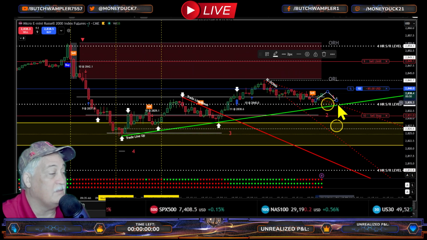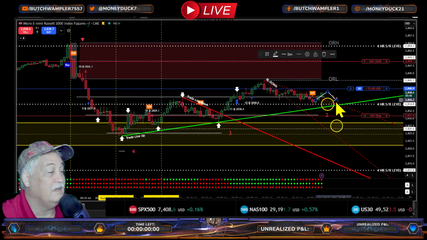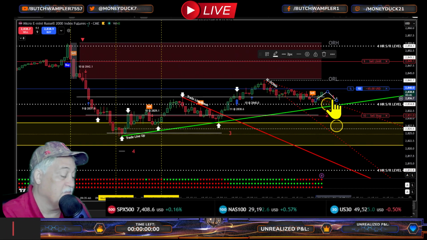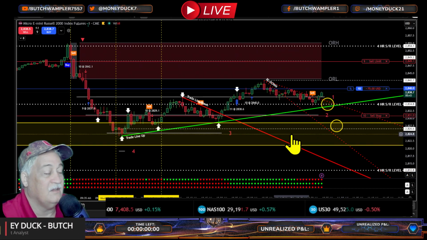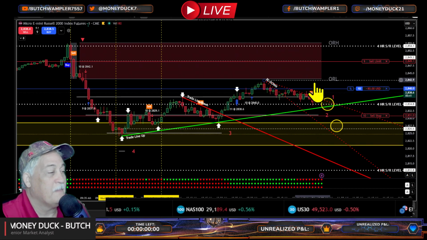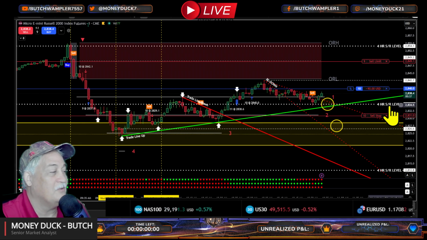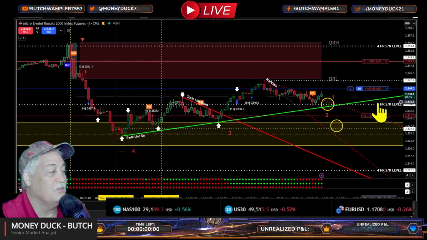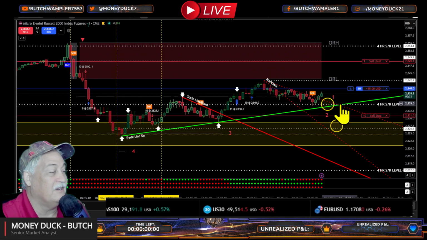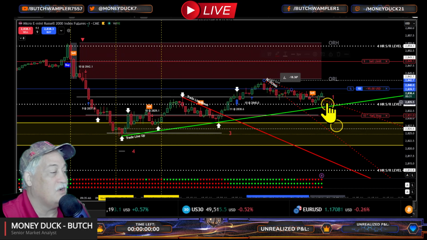All four of those come together right there, okay? All four of them, or three, sorry, I can't count today. We have the red dashed line, the green trade line, and the 4-hour support and resistance level. So those three levels right here are very strong.